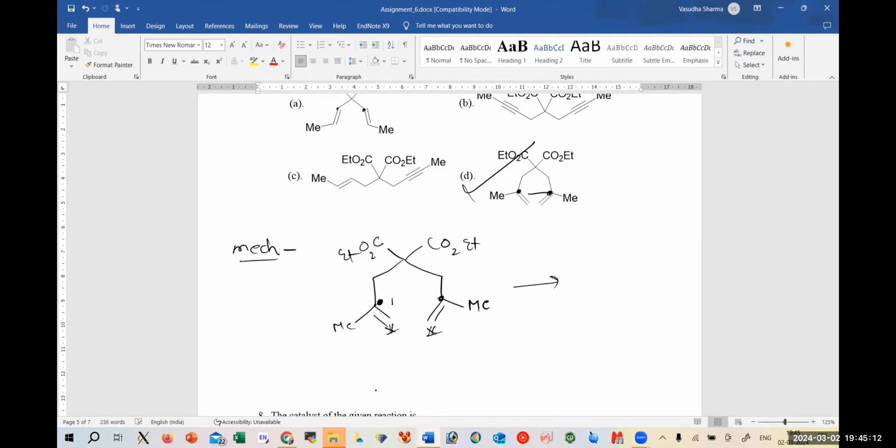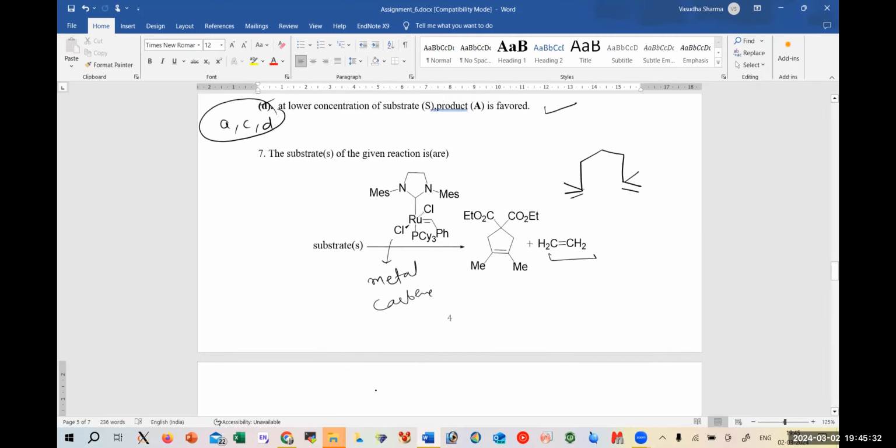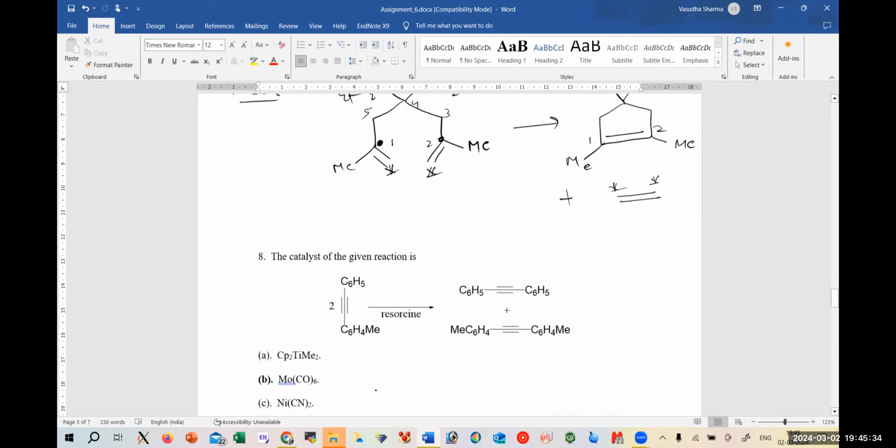So this would be 1, 2, 3, 4, and 5. We'll quickly make the 5-membered ring with a double bond. And here 1 and 2 are having methyl substituents. 4 is having CO2Et substituent plus star. It's nothing but the ethylene molecule. So this was asked and the question 7 is done.